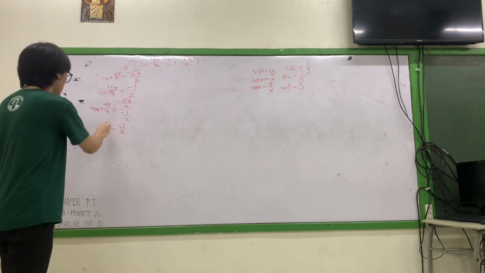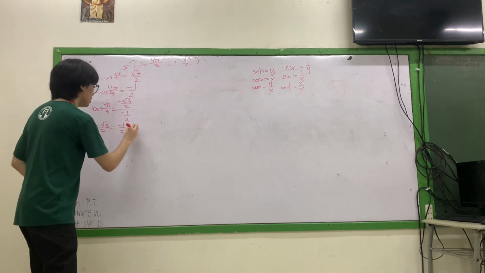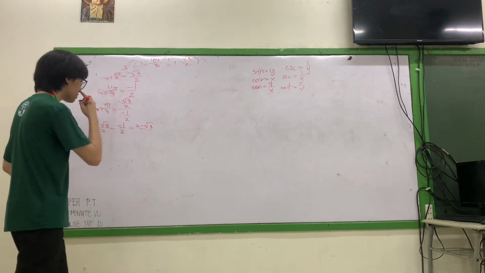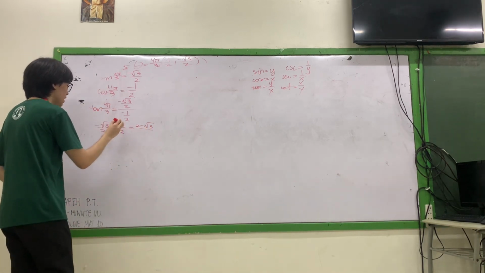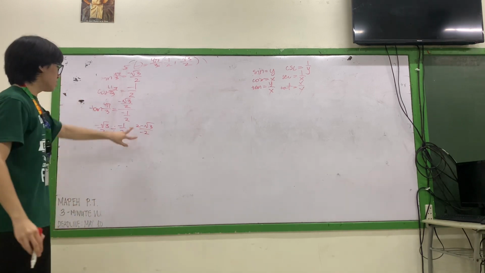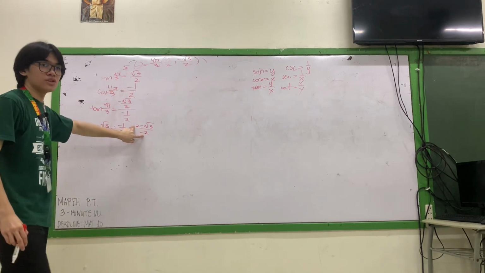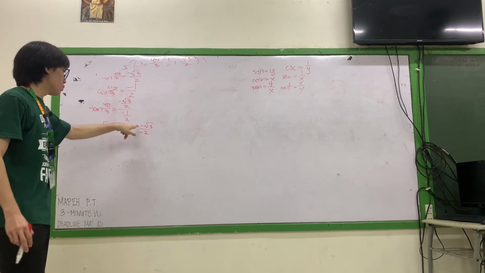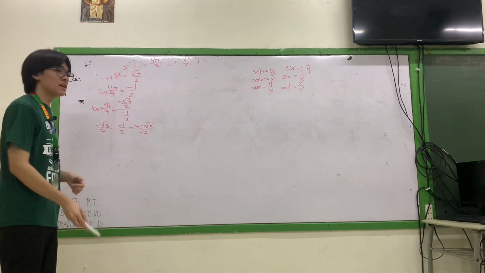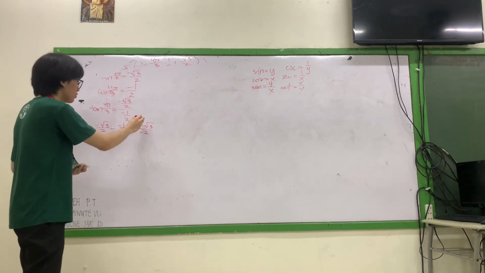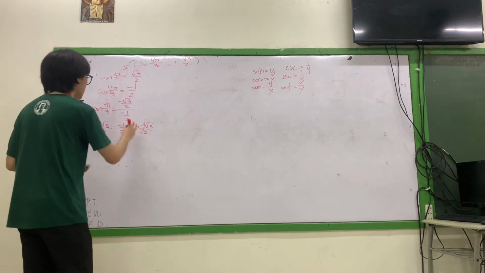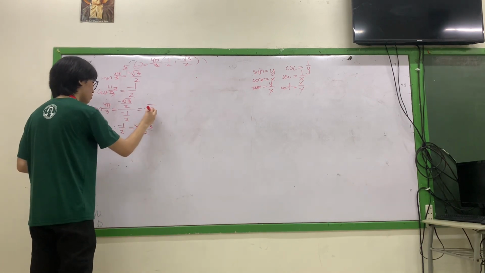So 2 times negative square root of 3 is just negative 2 square root of 3, and negative 1 times 2 is negative 2. Since we have a common factor of 2, we can cancel this out. And since we also have a common factor of negative 1, we can also cancel that out, which gives our final answer of square root of 3.